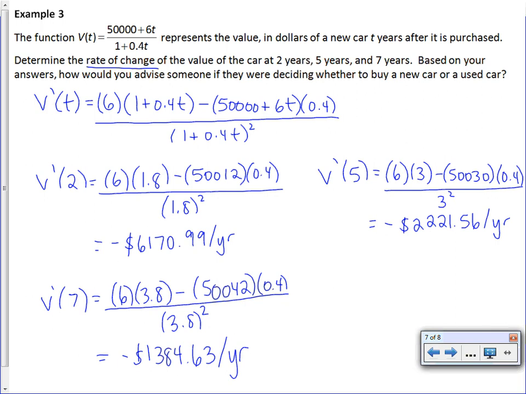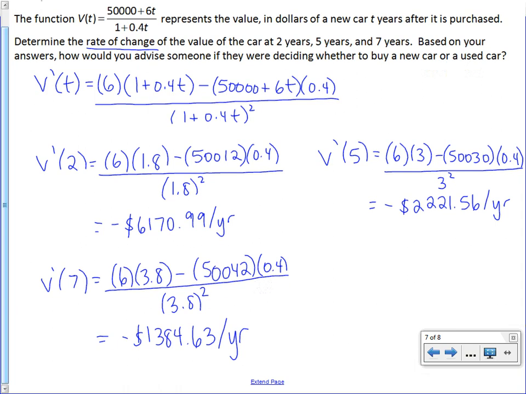So, the rate of depreciation decreases over time.